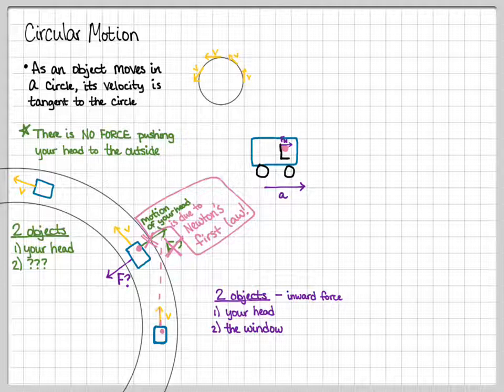So even though you feel like you're going backwards, that feeling is because the chair, the headrest, is pushing you forward. It's the normal force being applied by the chair on your body. It's the same kind of thing, except in a circle.